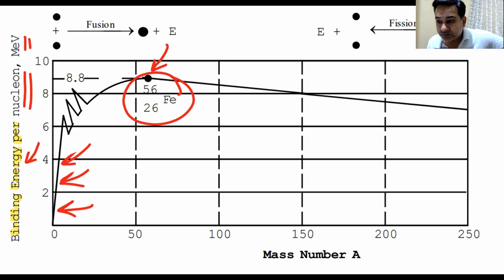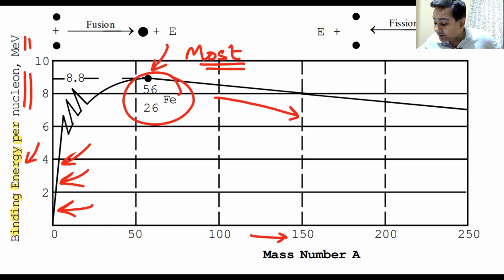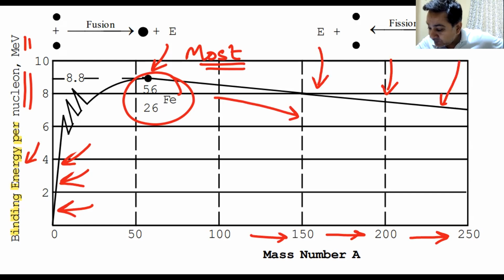This is the most stable nucleus that we know about, which means it is very hard to break. Now, if I go higher up, if I increase the atomic number or the mass number, you can see the mass number is increasing and this energy is decreasing. Yes or no? Yes, sir.